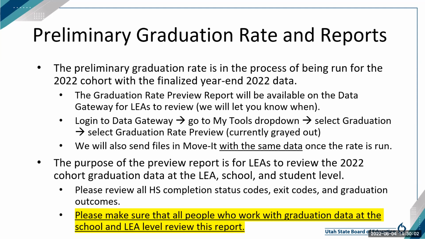Currently it's grayed out. Data and Statistics will also be sending out the files that we've done for the past couple of years through Move It, so that you can check those as well. The purpose of this report is just to verify that the data is accurate for your schools and your LEA and at the student level.